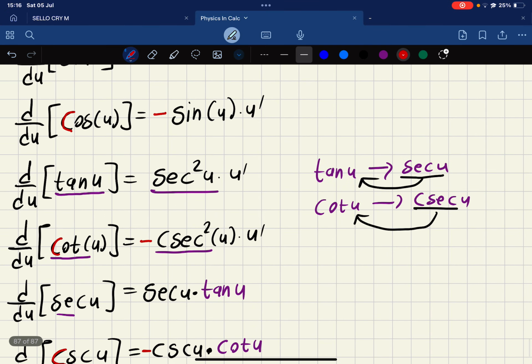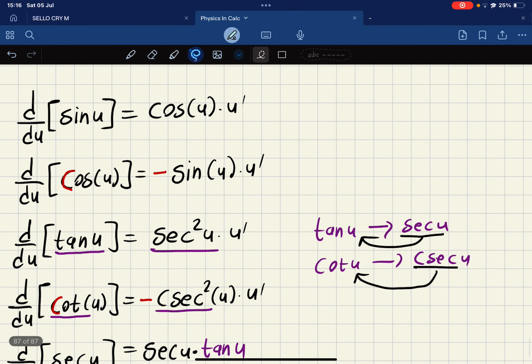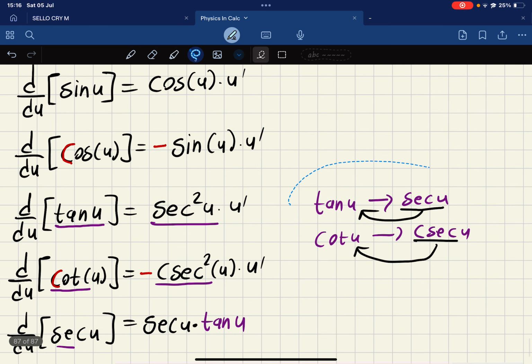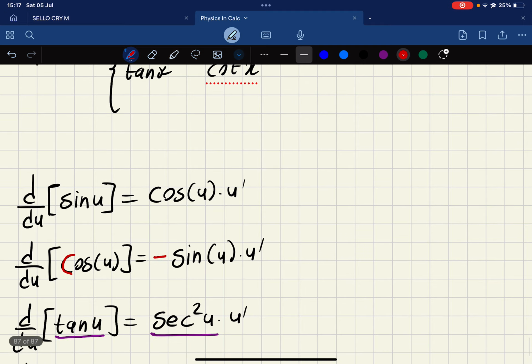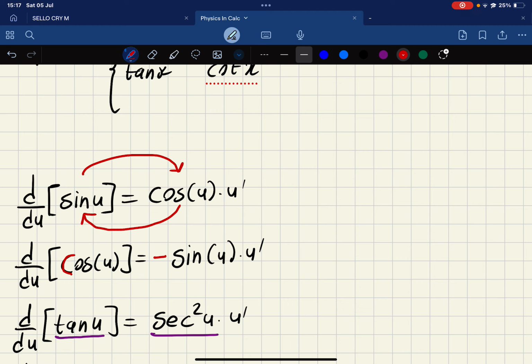So now let's talk about integration. Since from here to here we derived, if we want to move from here to here, we're going to do the inverse of what we did.